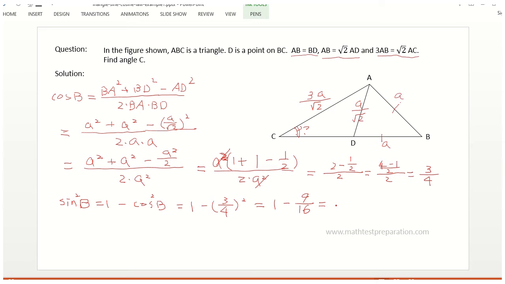This equals, denominator is 16, numerator 16 subtract 9 is 7. So sine B equals, denominator is 4, numerator square root 7. We get sine B and we ask for angle C, so we need to get sine C. Go to next page.